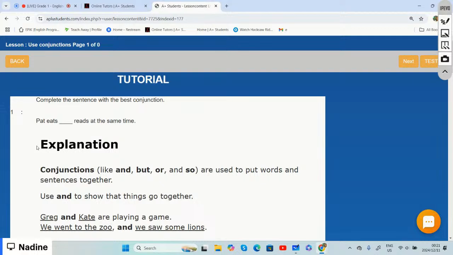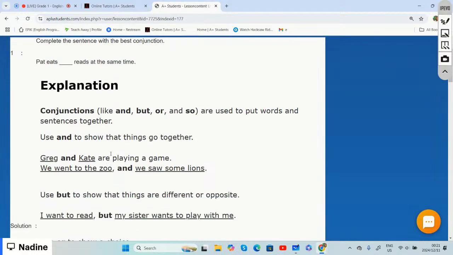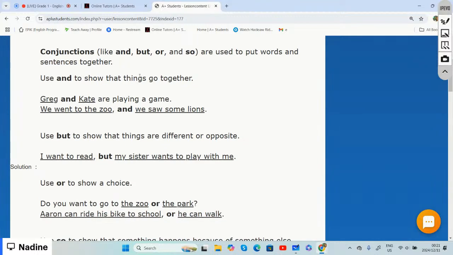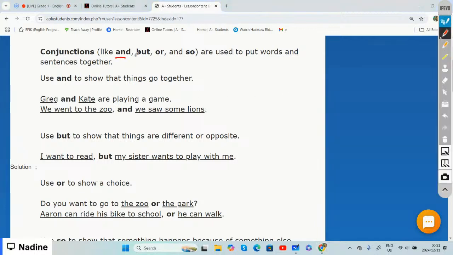All right. So we say that a conjunction is used to put words together or to join sentences, right? And our most common conjunctions are words like and, but, or, and so. Those are our most common conjunctions, which are and, but, or, and so. And these conjunctions are used to put words and sentences together.